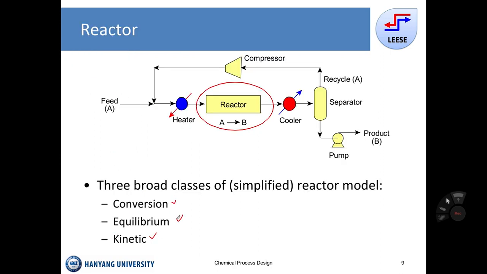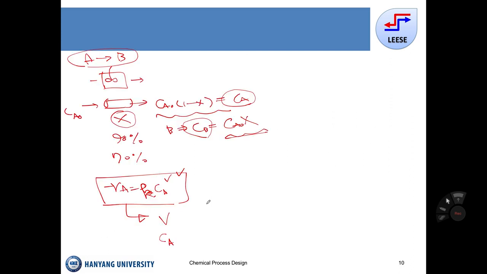What about the second one, the equilibrium reactor? So let's say dinitrogen tetroxide N2O4 is decomposed into nitrogen dioxide NO2. So this is a very common, typical example of the equilibrium reactor.